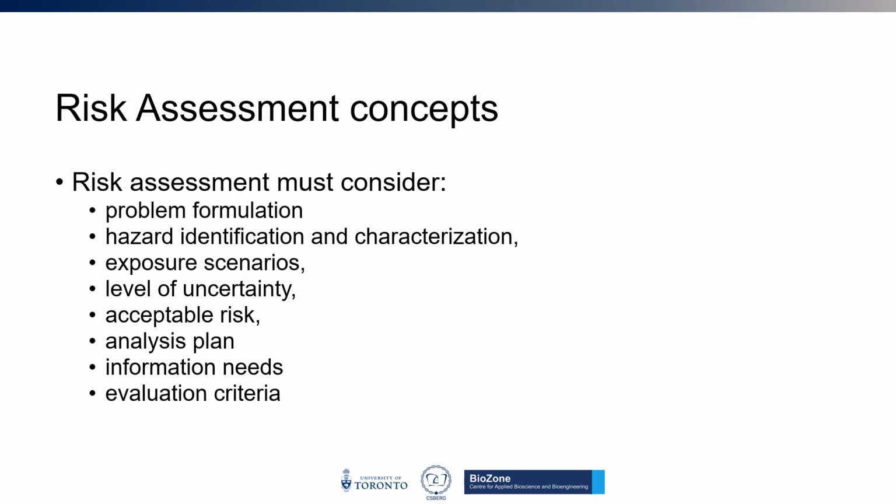Say, for example, and we'll take that example later, whether something may mutate, or what the biological stability of a microorganism is in different situations. So you have to account for the level of uncertainty in your risk assessment matrix. What's considered acceptable risk? Where do you draw the line between what is a level of risk that you're able to live with within a certain level of mitigation strategy?